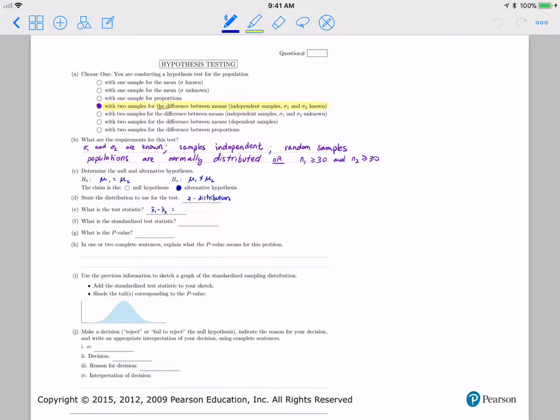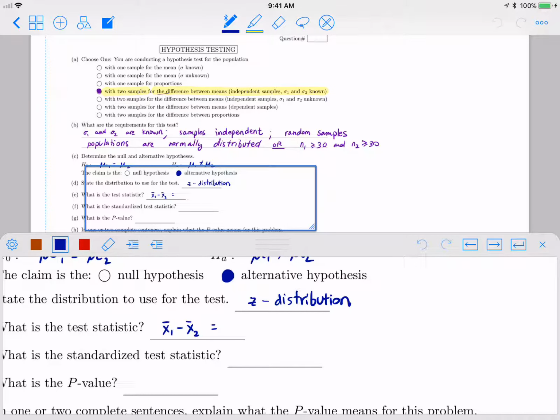So we have 47.77 minus 48.66, which I believe is equal to negative 89. I think that's what we did. Negative 89.